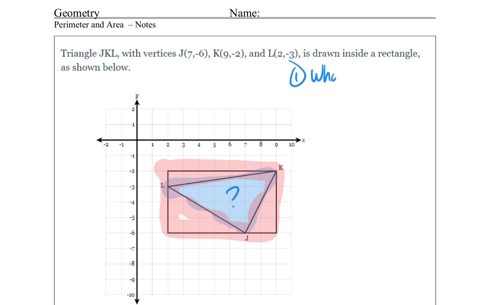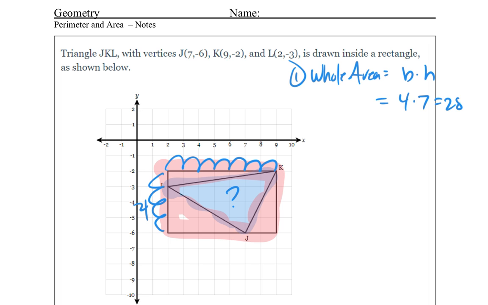We'd say whole area is equal to base times height, right? So that's going to be equal to 4 times 1, 2, 3, 4, 5, 6, 7. 4 times 7, that's going to be equal to 28.